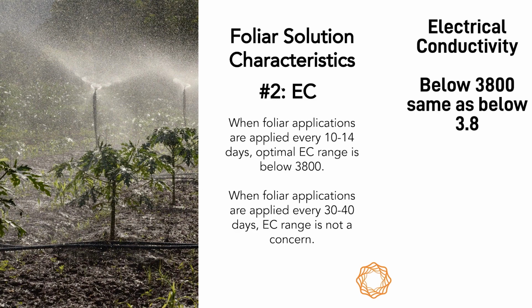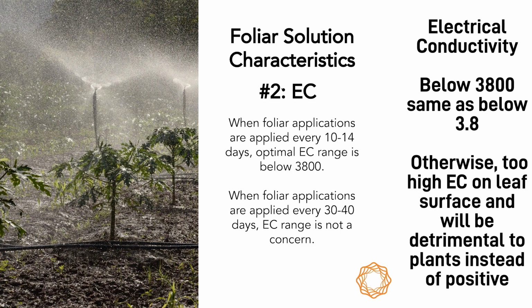There are two different metrics for measuring EC, and one is 1,000 times greater than the other. So the metric could be 3.8. We want it to be below 3.8 or below 3,800. Otherwise, we end up with the possibility of, over time, developing too high an electrical conductivity on the leaf surface, particularly if we're doing tight applications, and having a detrimental effect on the plant instead of a positive effect.